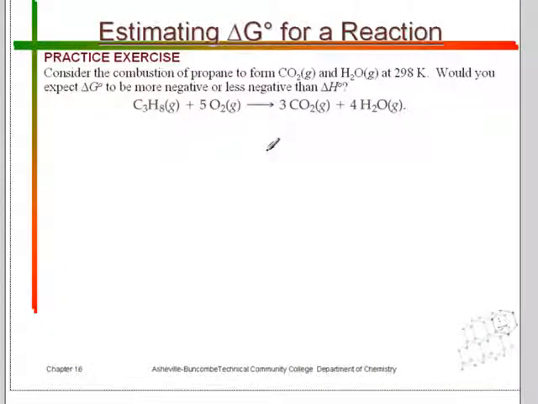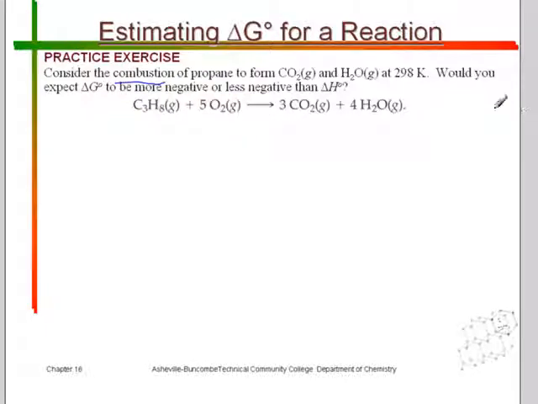We have a combustion reaction, and I'll just go ahead and say, if you have a combustion reaction, that means the delta H is less than 0. It's a negative value. Remember, negative delta H is exothermic, is going to push delta G down. So we have a contribution of a negative from the delta H. And look what the question is asking.